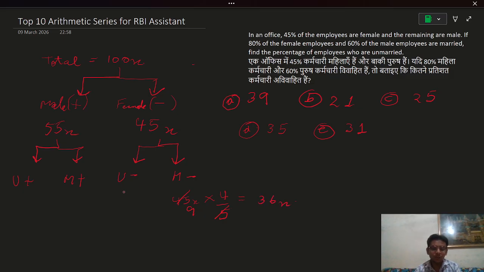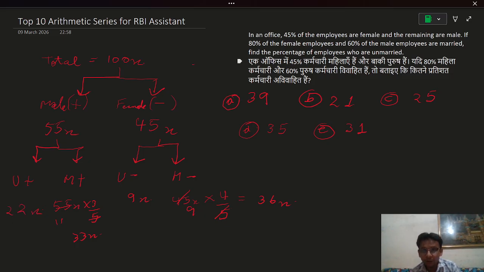And the remaining unmarried females are 9x. Similarly for males, 60% of 55x. 60% is 3 by 5, so it will become 33x, and unmarried males become 55x minus 33x, which is 22x.